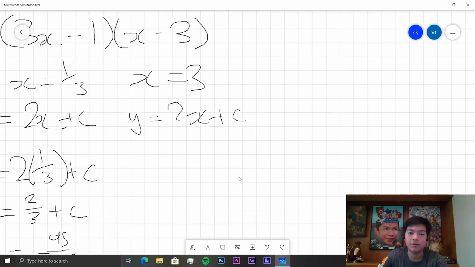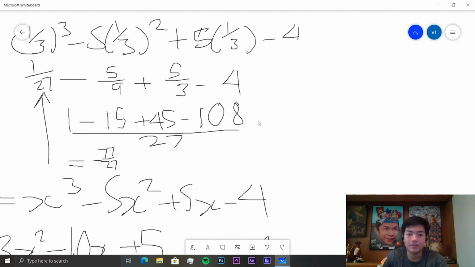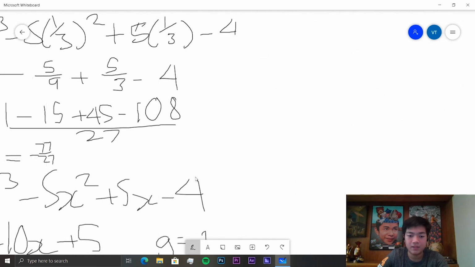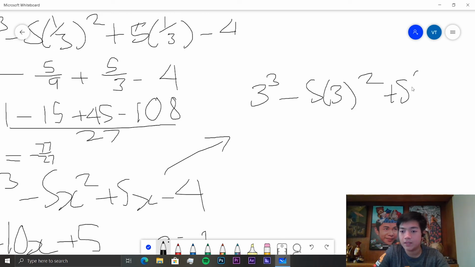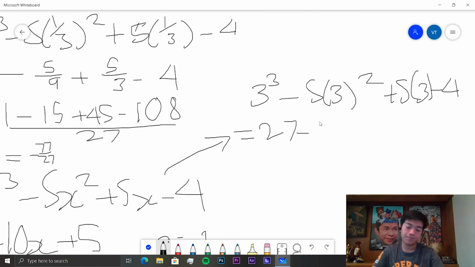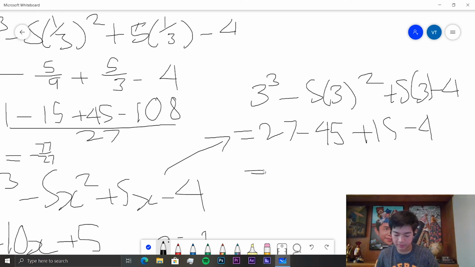And the other case where we have x equals 3, sometimes a much nicer number. So this is equal to 3 cubed minus 5 times 3 squared plus 5 times 3 minus 4. It's equal to 27 minus 45 plus 15 minus 4, which is equal to negative 7.